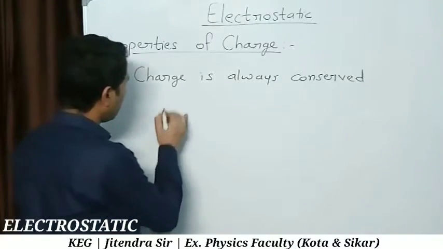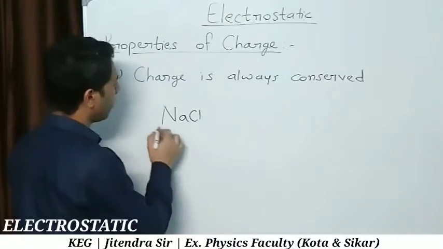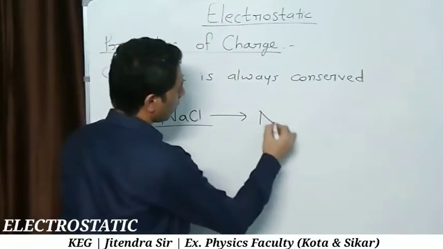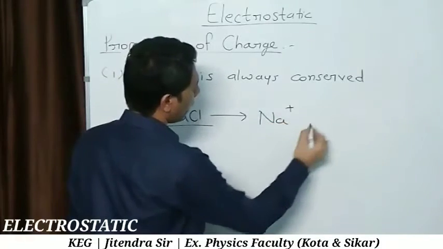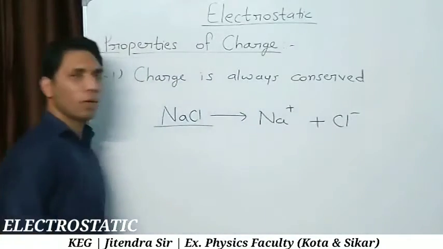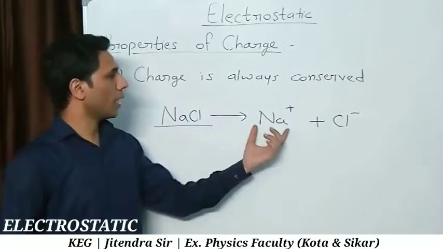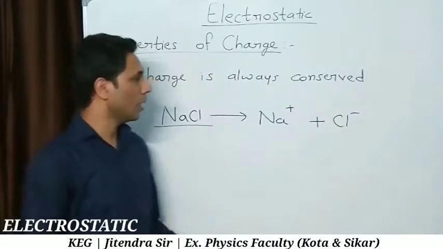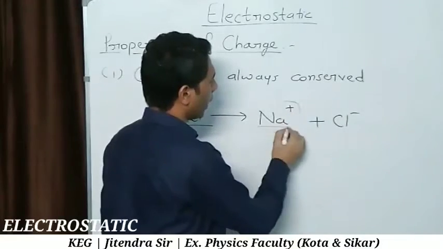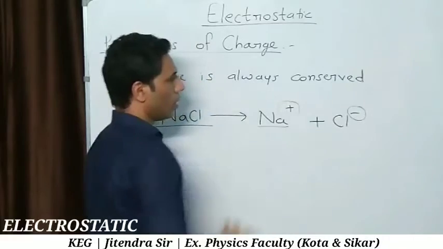You can see NaCl, a compound of Na and Cl. When it breaks, we get Na plus and Cl minus. It breaks into two parts, Na plus and Cl minus. Here is the positive charge on Na, here is the negative charge on Cl.